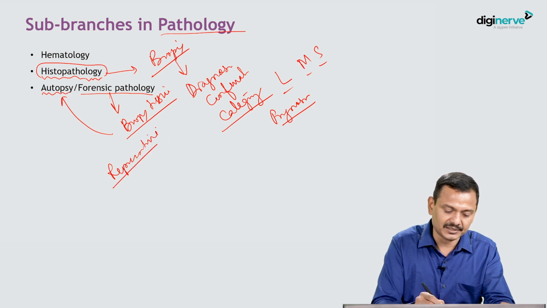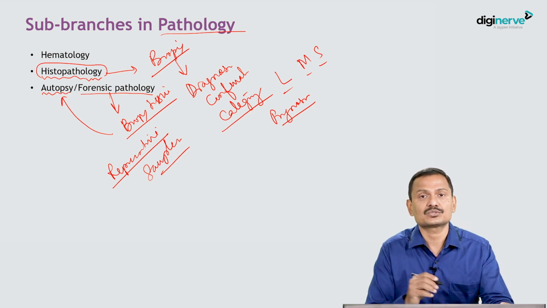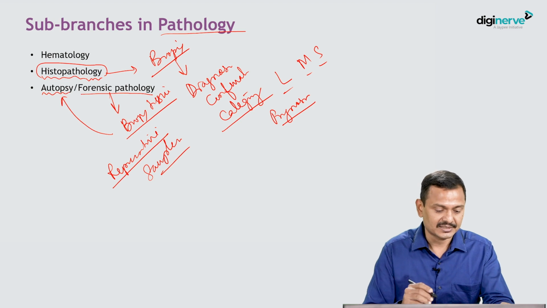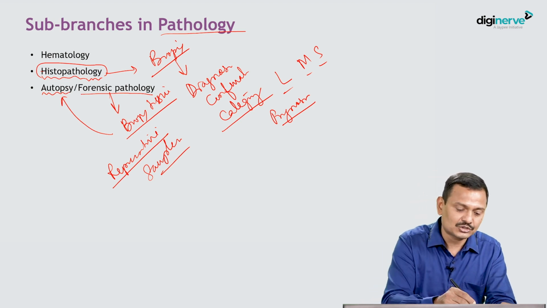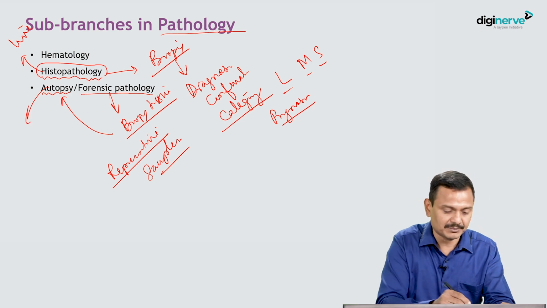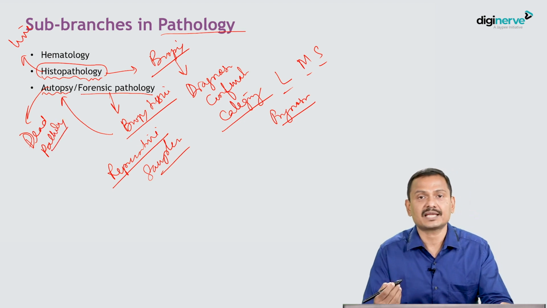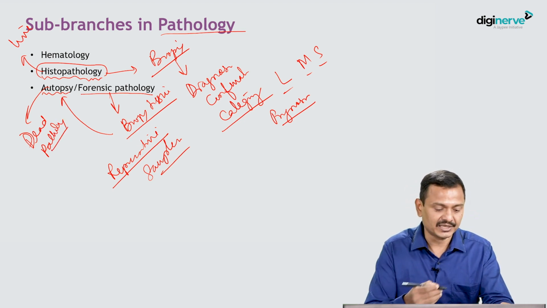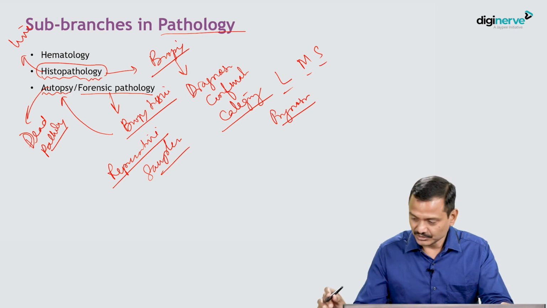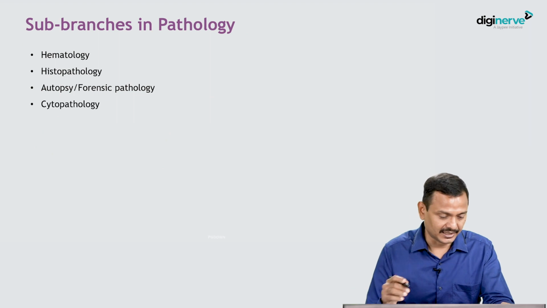Okay, so we take different representative samples and we examine and we say what is the pathological process because of which the patient has died. Or you can say histopathology is a live pathology, whereas autopsy or forensic pathology is dead pathology. Okay, so once the person is dead, we even can study the dead tissues and we can find out what is the pathological process because of which this person has died.